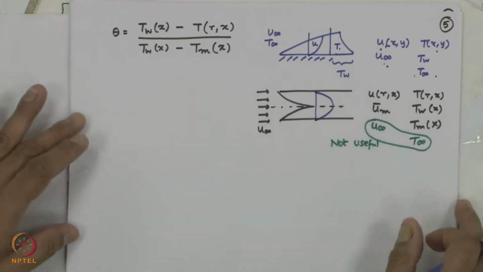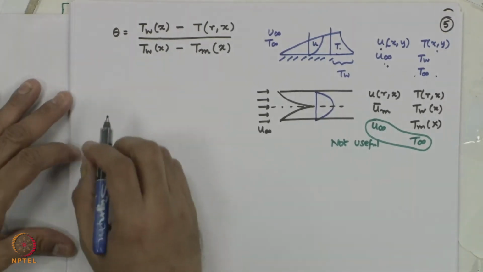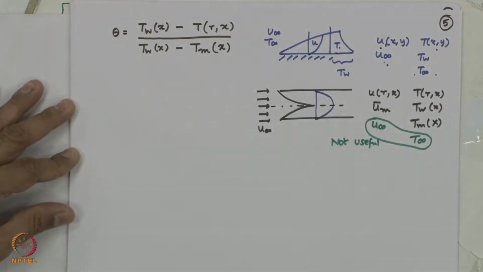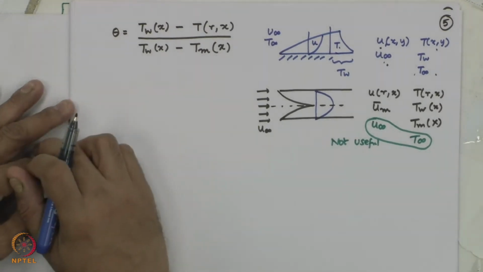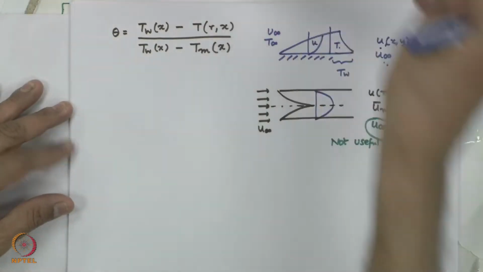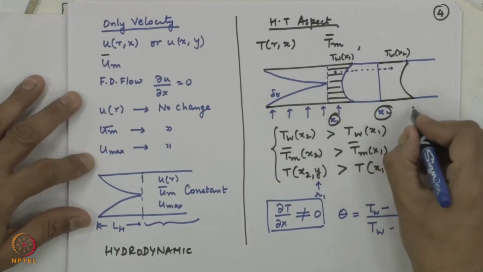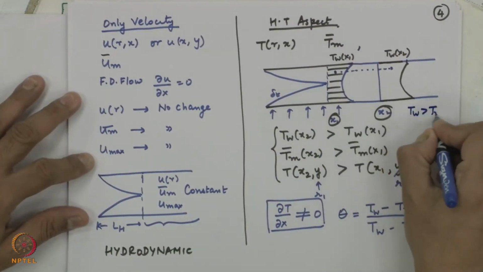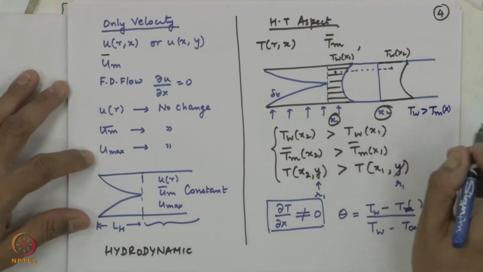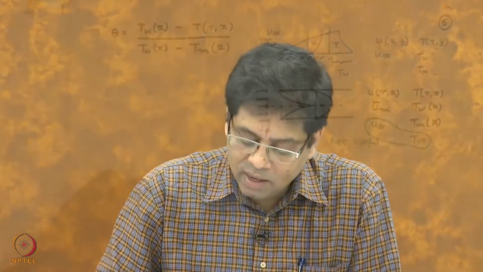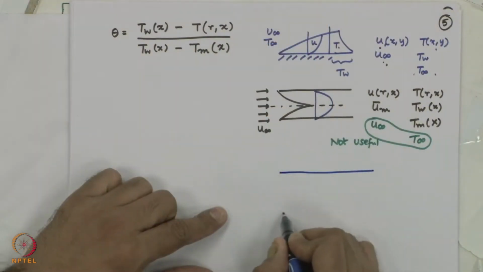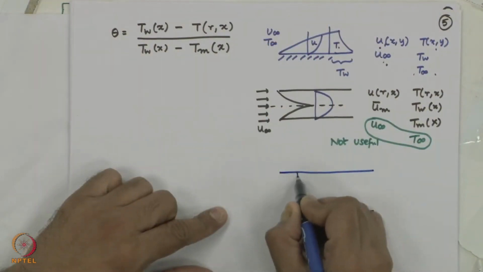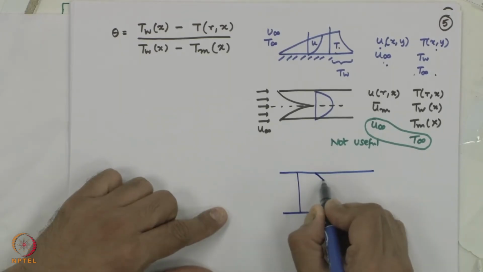Now, if we take a look at this thermally fully developed condition, this diagram was drawn with T wall greater than T bulk mean. This same thing can be drawn for T wall less than T bulk mean. So, if my fluid is going to get cooled, my temperature profile would be this.